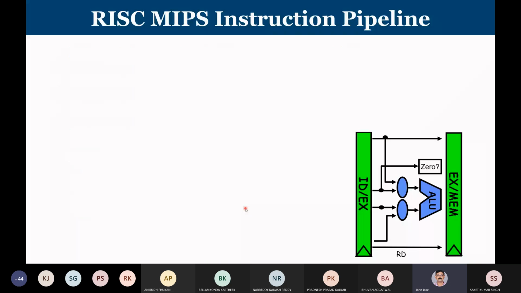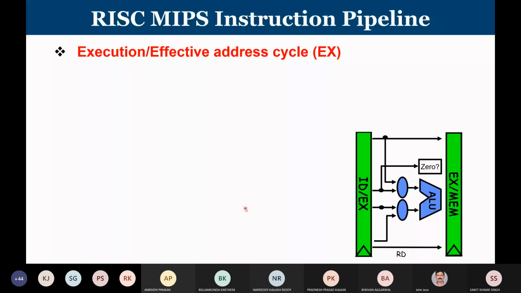Now coming to the third stage, which is known as the execution stage. For an ALU instruction, meaning an instruction with 3 operands, all of them registers like add R1, R2, R3, sub. And there is no multiplication instruction directly here. I will tell you later why. So any instruction with 3 register operands, we call it an ALU instruction.